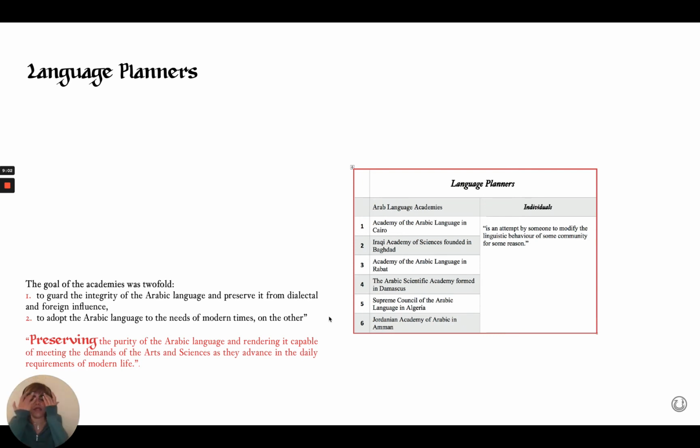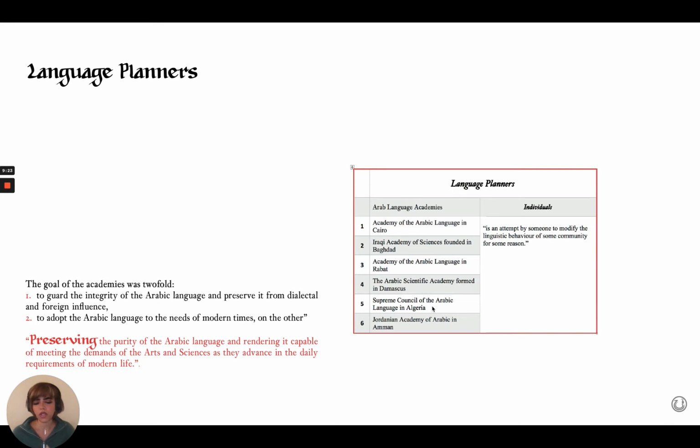And at that time, there were multiple academies that were studying the Arabic, and the most active one was the Academy of the Arabic Language in Cairo, and the second one was the Arabic Scientific Academy in Damascus.